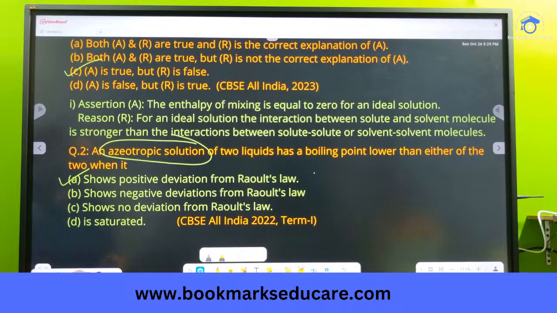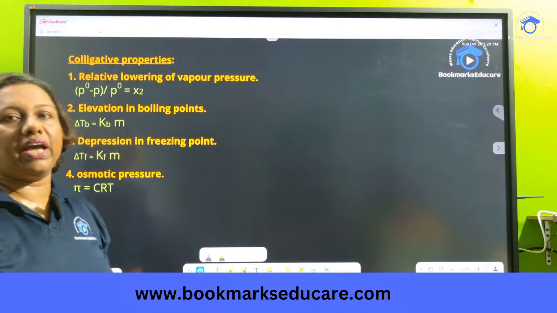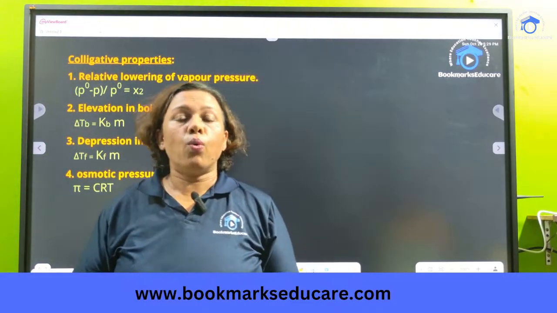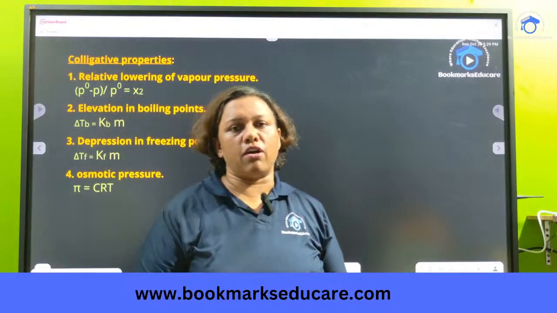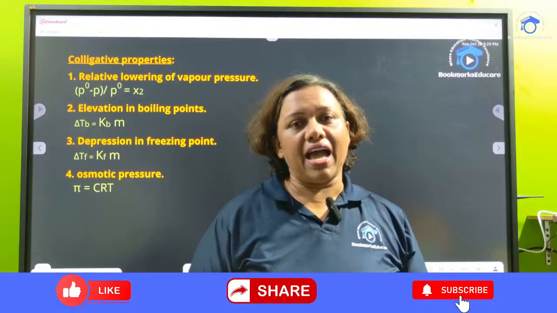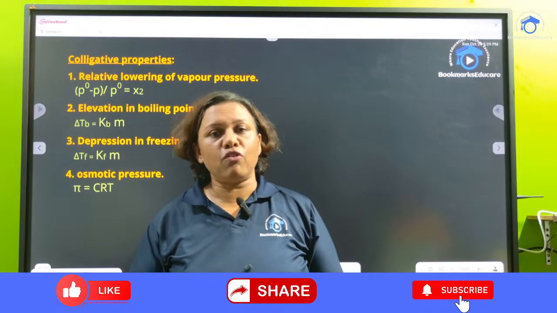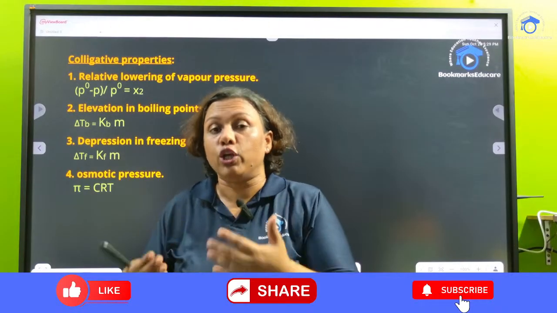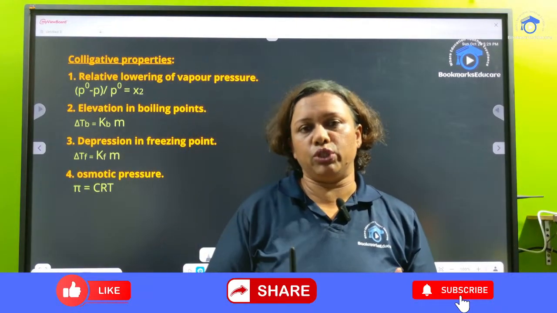Okay, for the next one. This is actually the heart of the solution topic, the colligative properties. What are the colligative properties? At first you have to know. The colligative properties are for the solute only, and are based only on the number of particles of solute present in a solution.